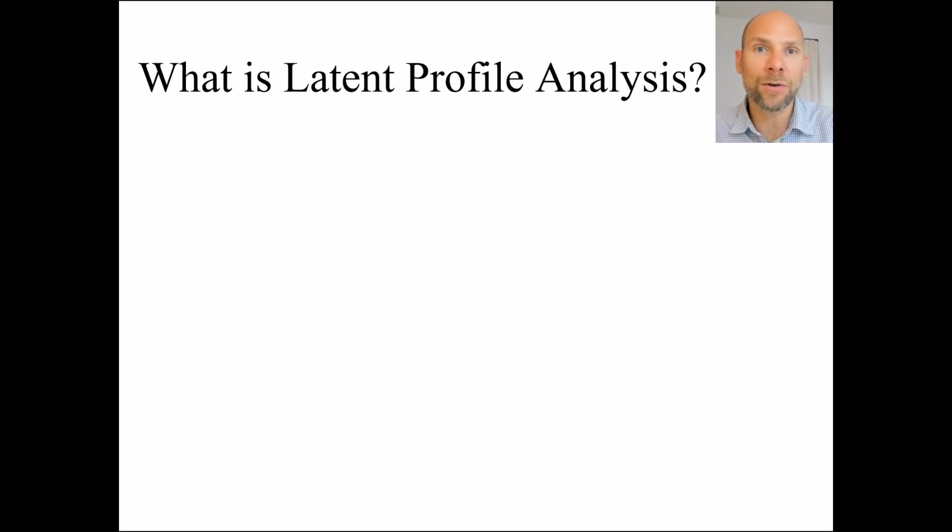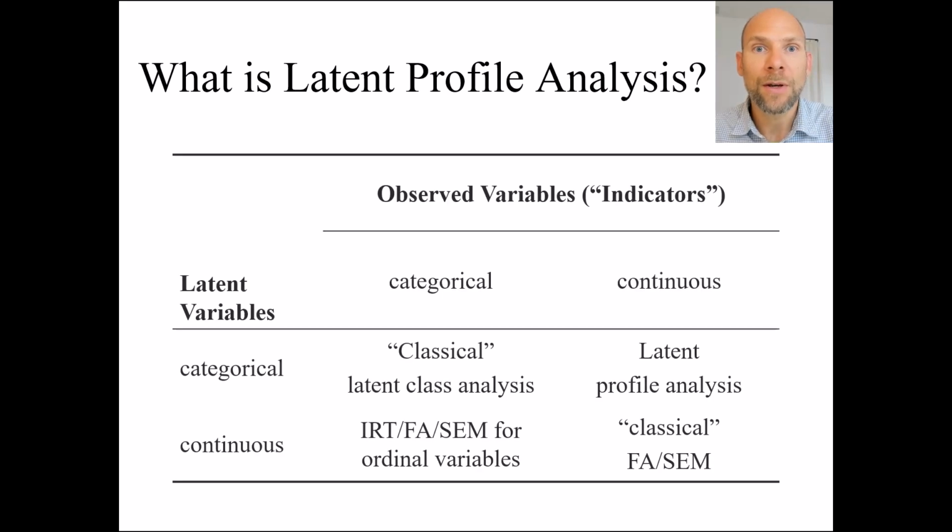And so I like to use the following table for this purpose, where we contrast observed variables in the columns with latent variables in the rows, to see what types of different statistical models we have available for latent variable modeling with different scale levels on the side of the observed variables and also different scale levels on the side of the latent variables.